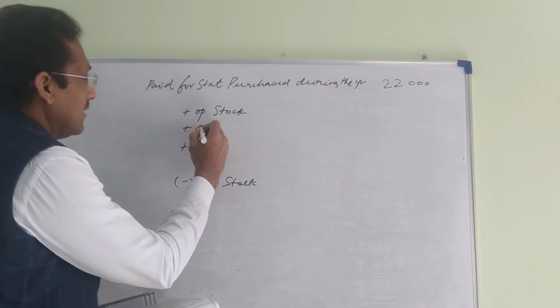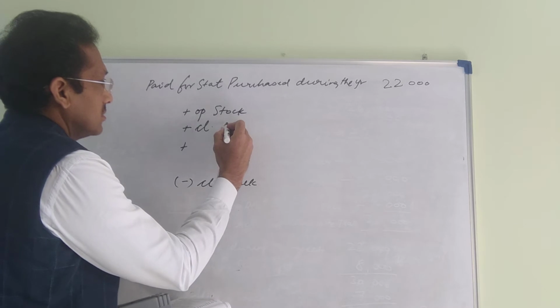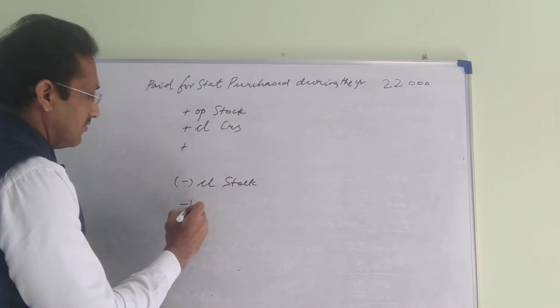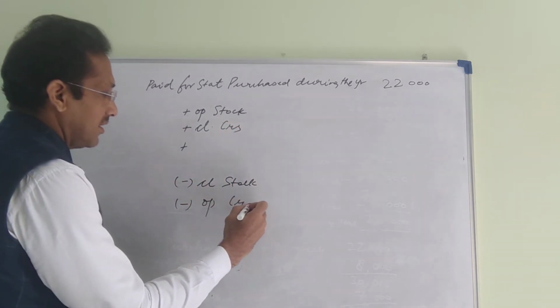We will add closing creditors and we will minus opening creditors.